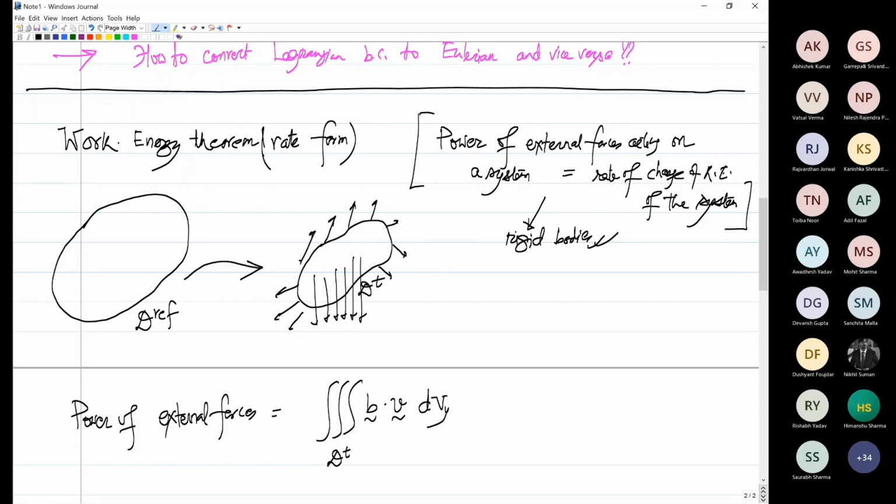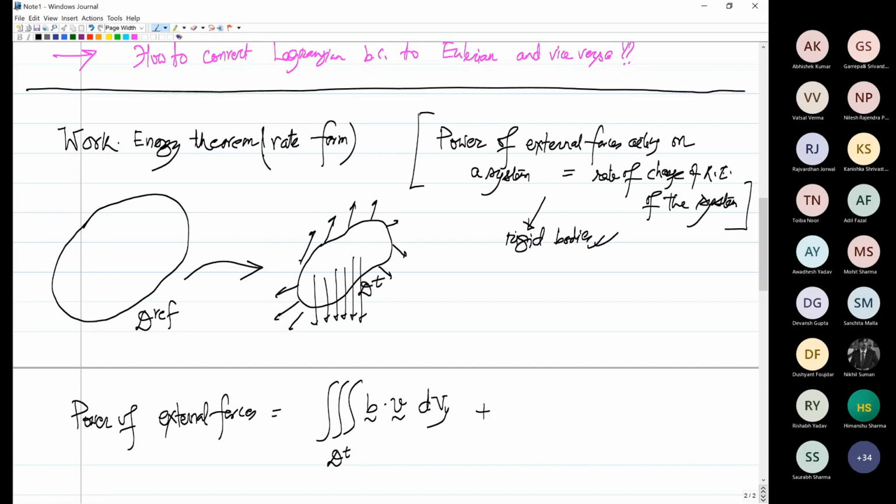Can you say that? So body force is acting on every point of the body dot with the corresponding velocity of the point. That's the infinitesimal power, and integrate it over the volume, you get the total power due to body force, right?